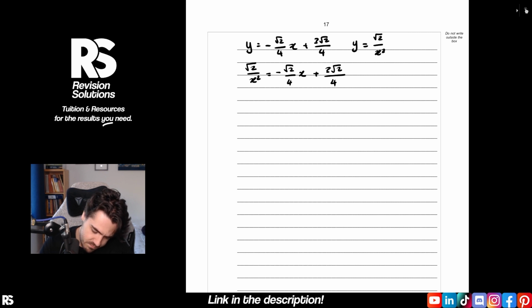What I would do here is first cancel off all these root 2's. That would leave us with 1 over x squared equals minus x over 4 plus 3 on 4. Then I'd multiply everything by 4 as well as x squared to get rid of all these fractions.